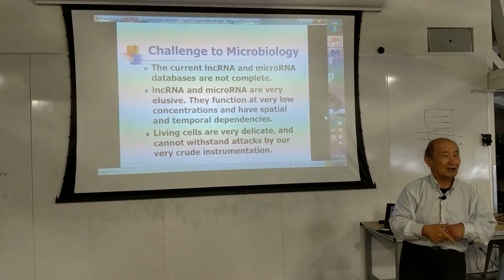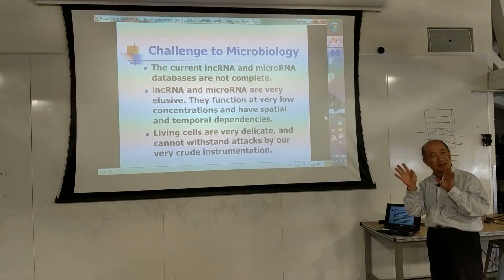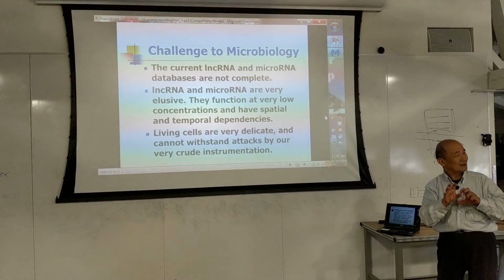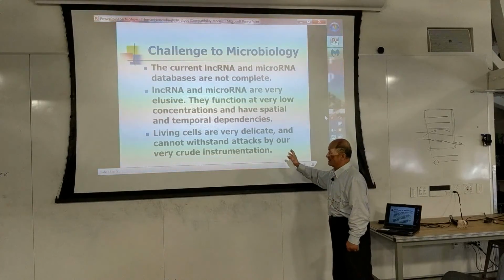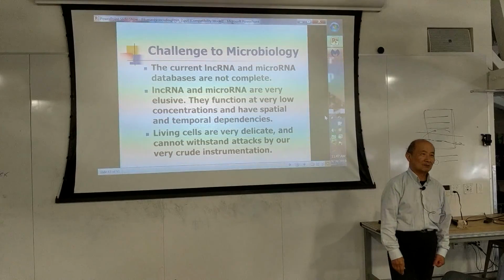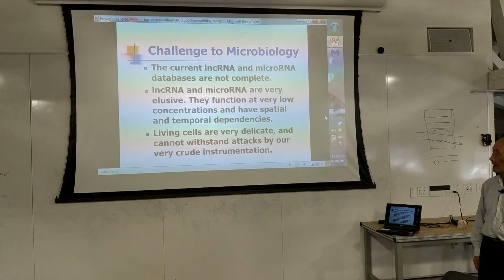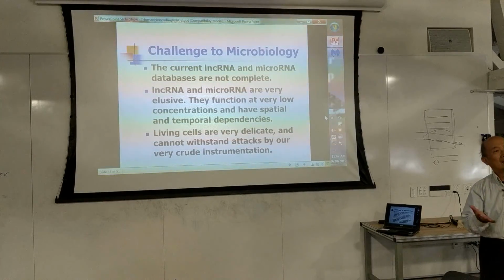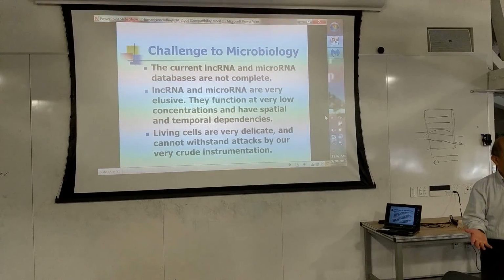So to catch all the RNAs is very difficult. And living cells are very delicate and cannot withstand attack by our very crude instrumentation. So there are a lot of things to be done, but even with the very limited things we know now, I propose human beings are programmed in force. Thank you very much.